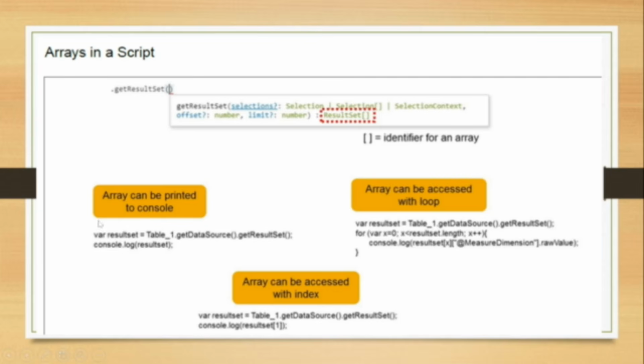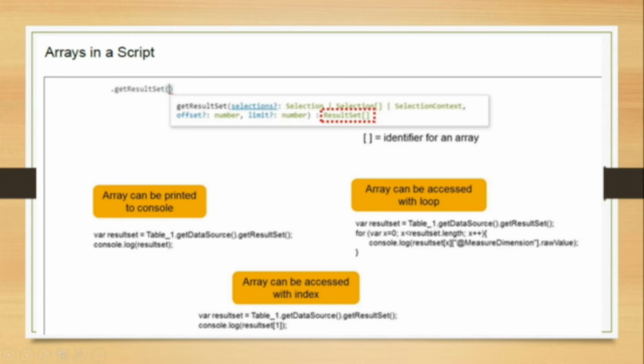In order to access the array with a loop, we use the for loop with the incremental sign, as we have done earlier in our exercise. We first move the members of the table, using the getDataSource and getResultSet functions, to the variable resultSet.